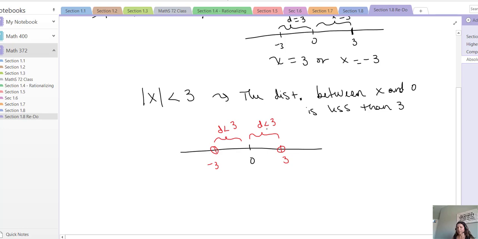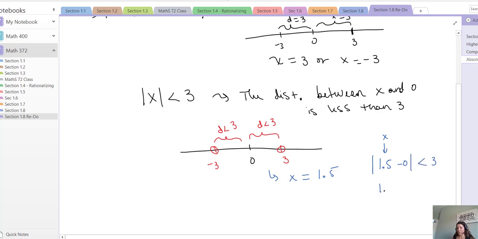So x could be anything in that interval, right? If x is 1.5, the distance between x and 0 is less than 3.